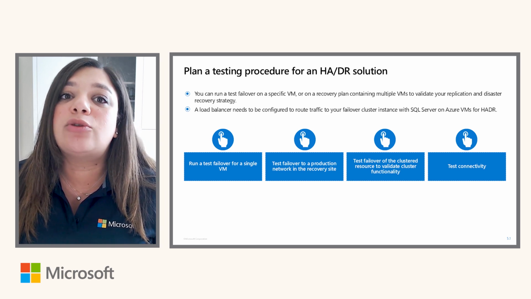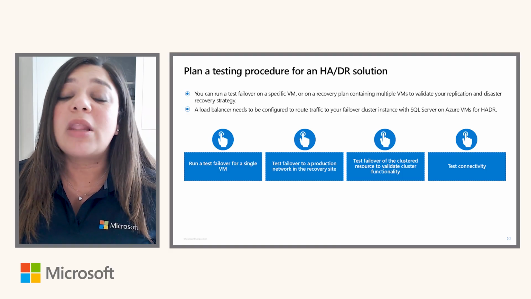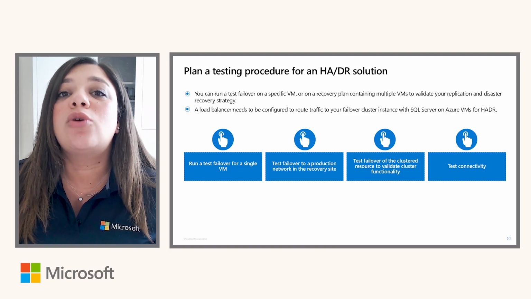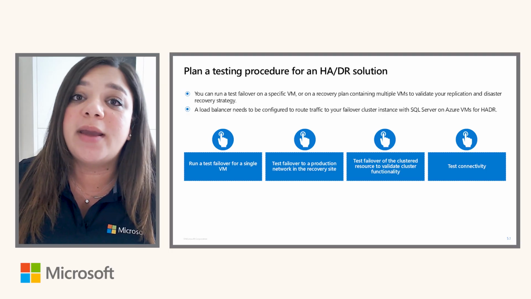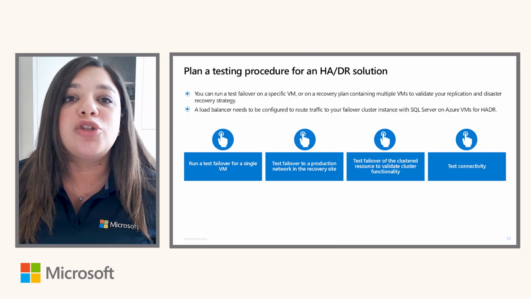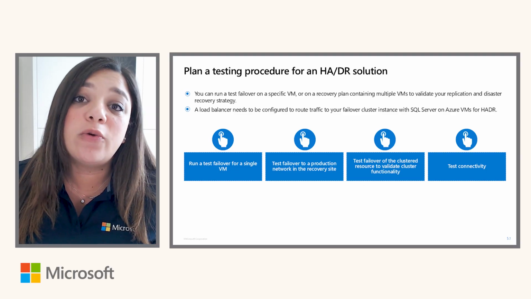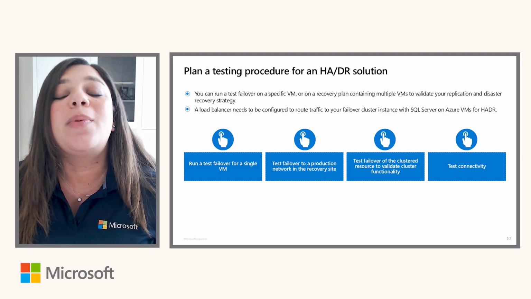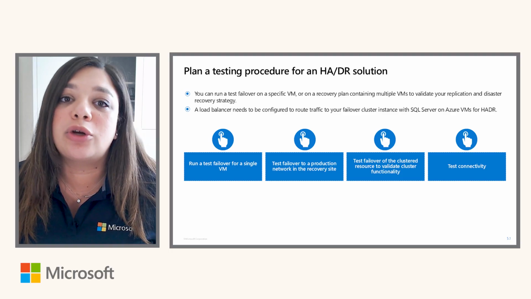So also be ready to identify the right failover testing approach based on whether the scenario involves an individual VM, a clustered instance, or an availability group. And just be aware of the difference between a test failover, like a non-destructive one, and a planned failover where we're switching to production workloads.